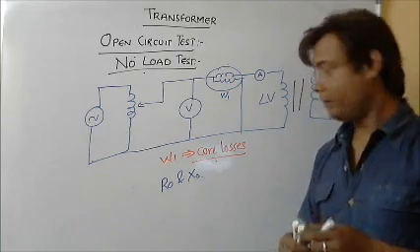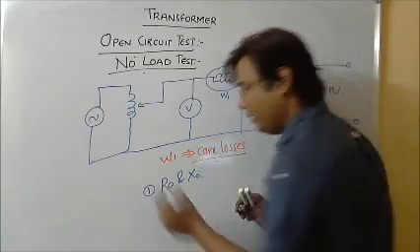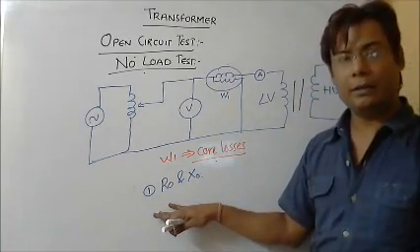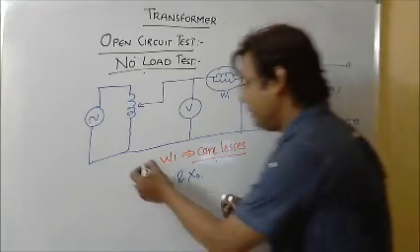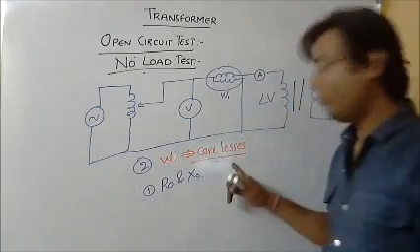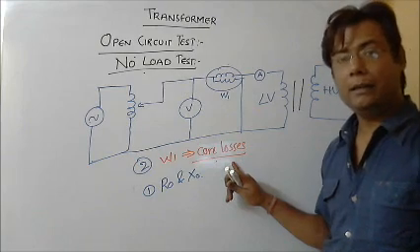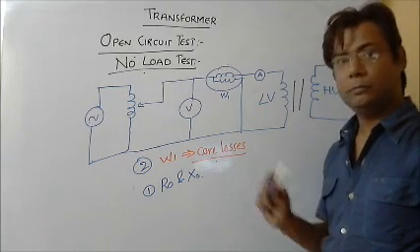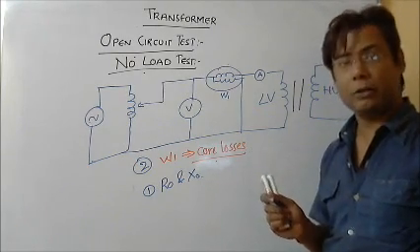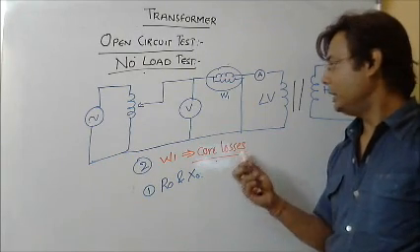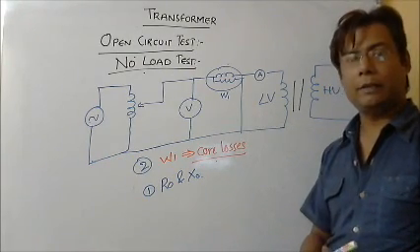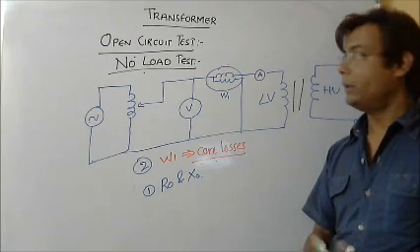First thing, we will be getting R0 and X0 in the open circuit test. Second thing, we will be getting core losses only, neglecting the copper losses, because the current is very low, though the rated voltage is fine.